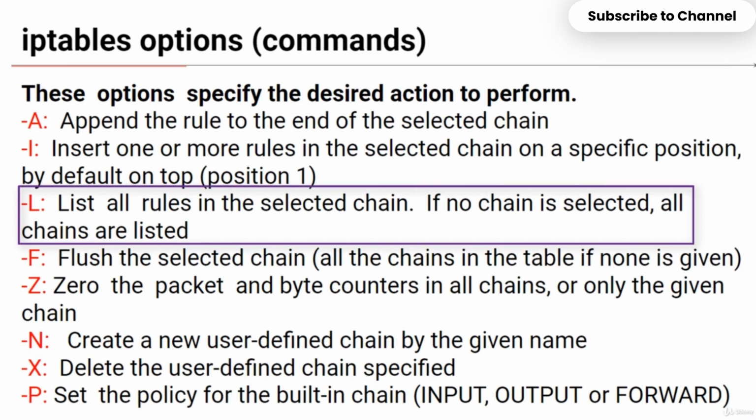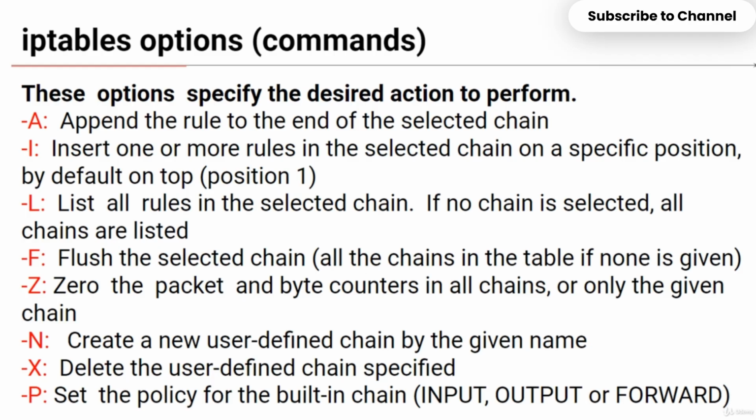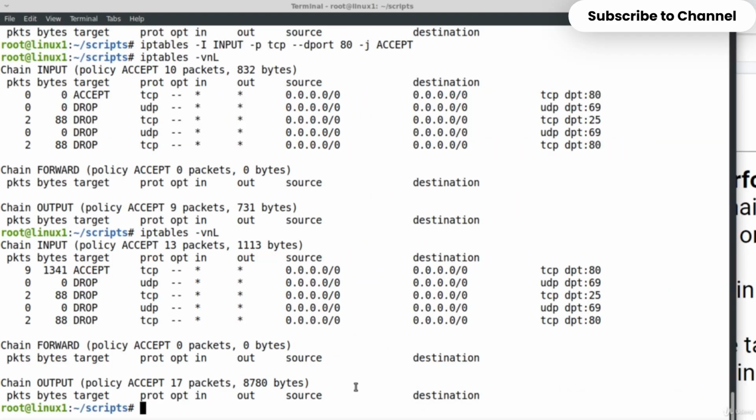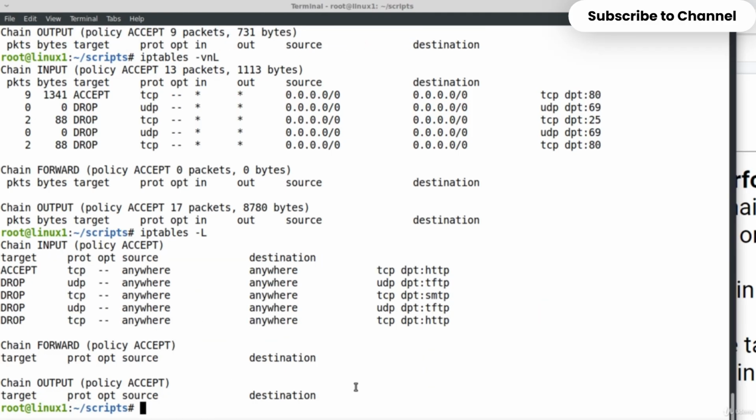Another option is -L. -L lists all rules in the selected chain and the specified table. If no chain is given, all chains are listed. For example, iptables -L lists all rules in the filter table and all its chains: INPUT, OUTPUT, and FORWARD.